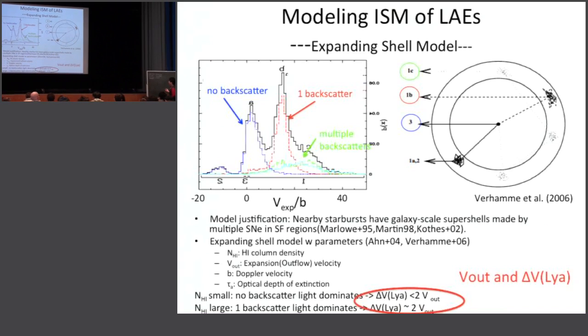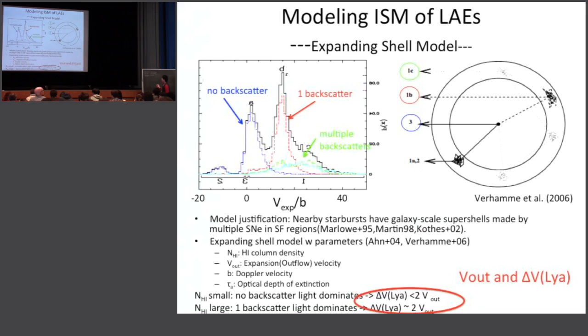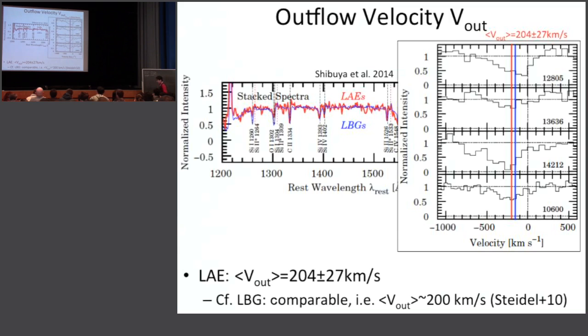So now the key components are this Lyman-alpha velocity shift from the systemic and also the outflow velocity. So what do recent observations tell? Well, recent observations see the absorption lines of silicon and carbon, low ionization lines in the UV spectra as shown here.